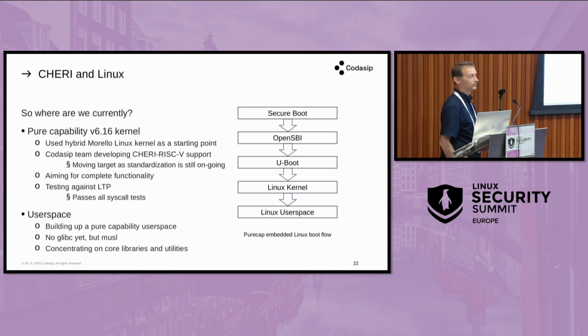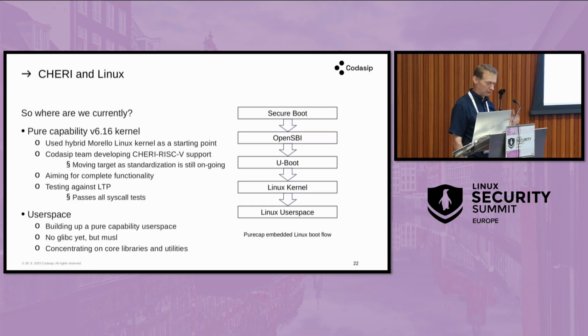So where are we currently? Well, about 2 weeks ago, we got kernel 6.16 working with pure capability mode. So this means that every pointer in the kernel is now a capability. Originally, there was a couple of proof of concept and then a more mature Linux kernel port.